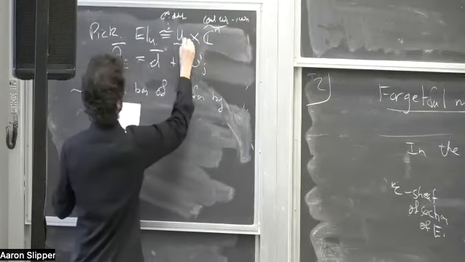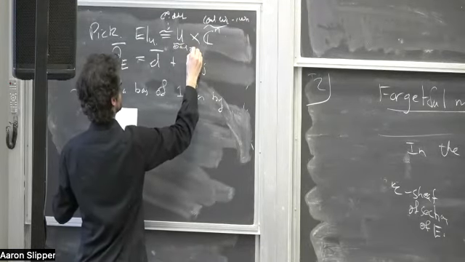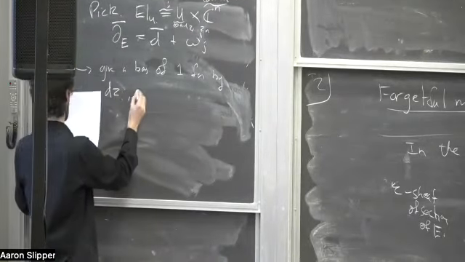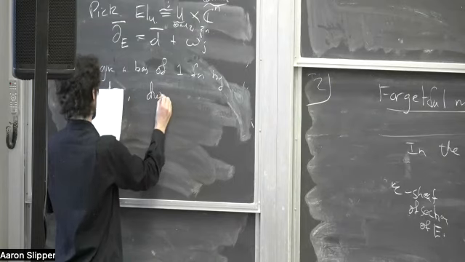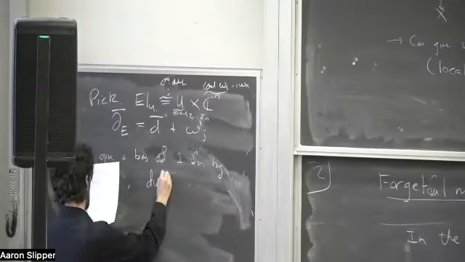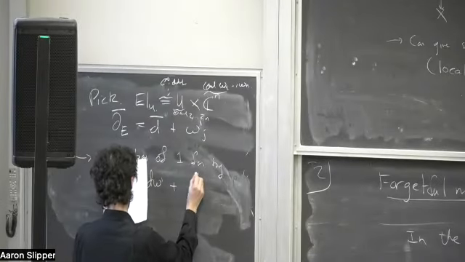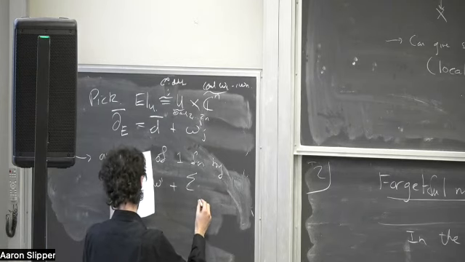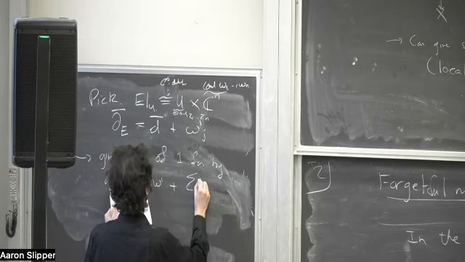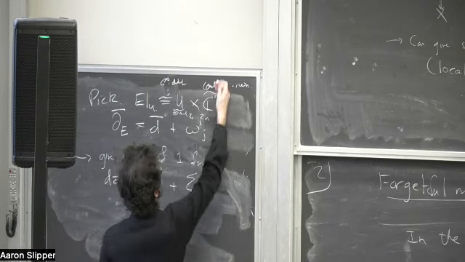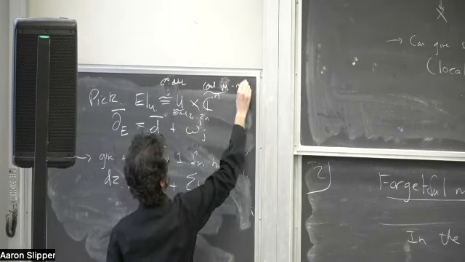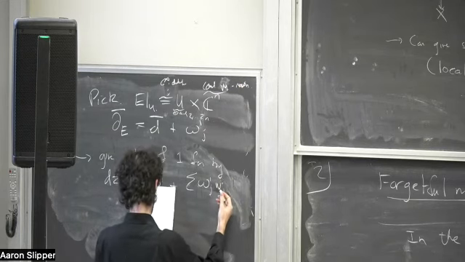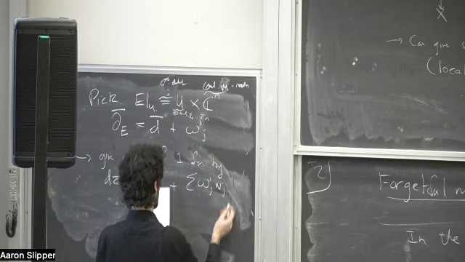So we have coordinates c_1 through c_n, we have the dz_i and we have the dw_i plus omega_ij w_j.